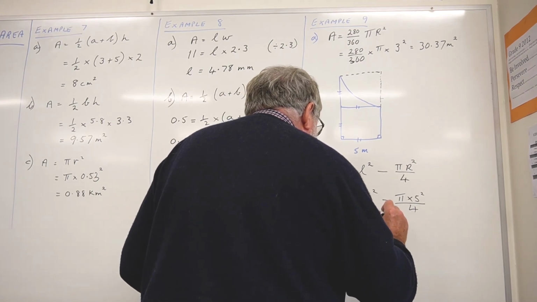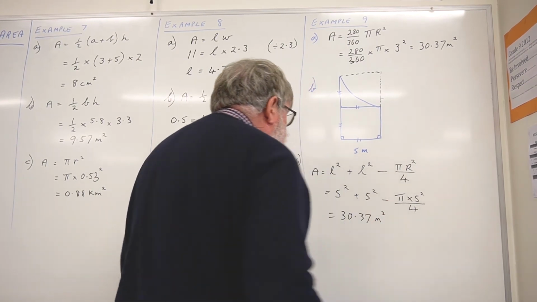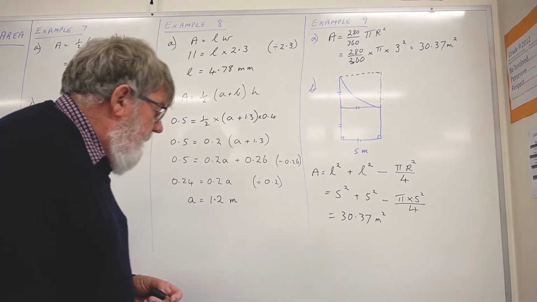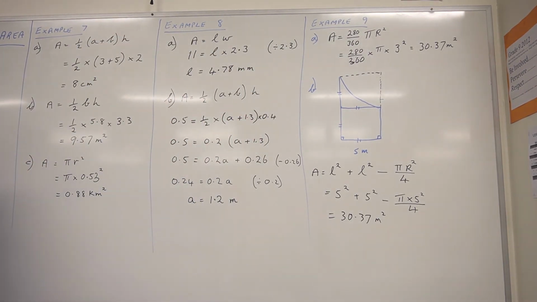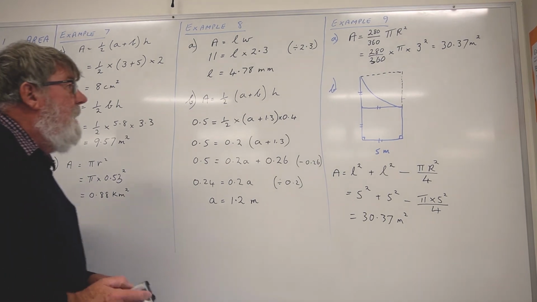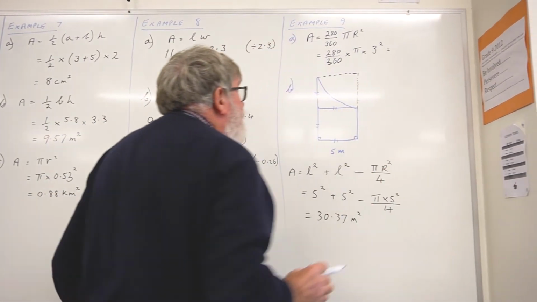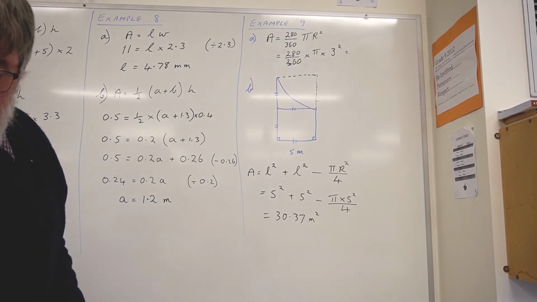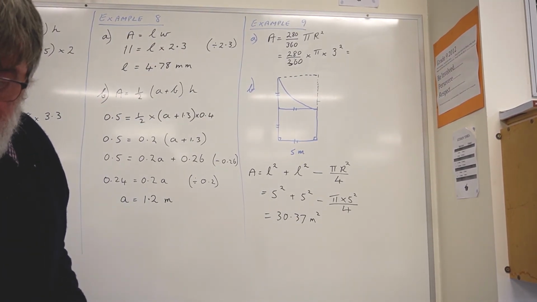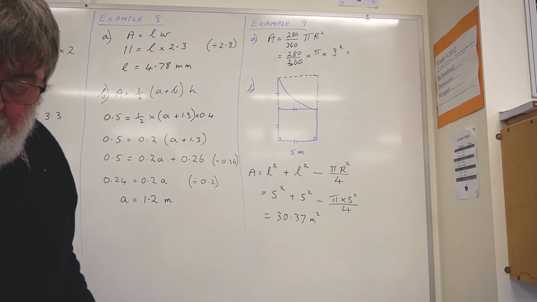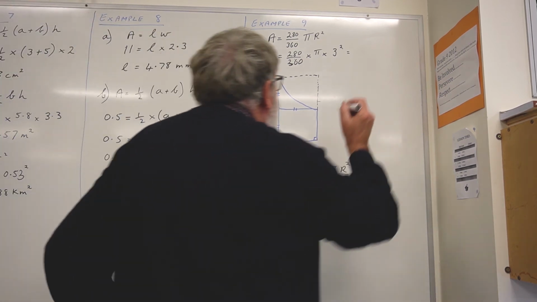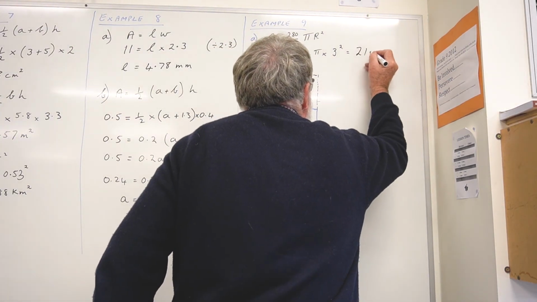30.37 metres squared, which means, as most of you, or in fact all of you, would have picked up, I made a mistake over here by reading the wrong answer. This one here, let's just harken back. The solution to A is 21.99 centimetres squared.